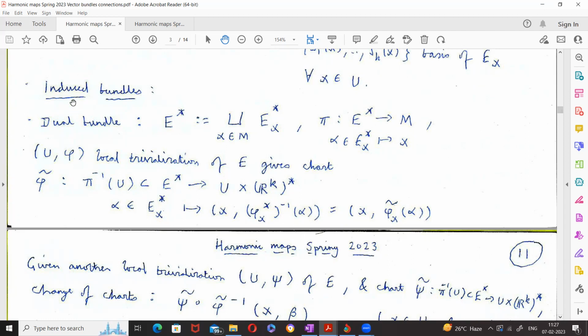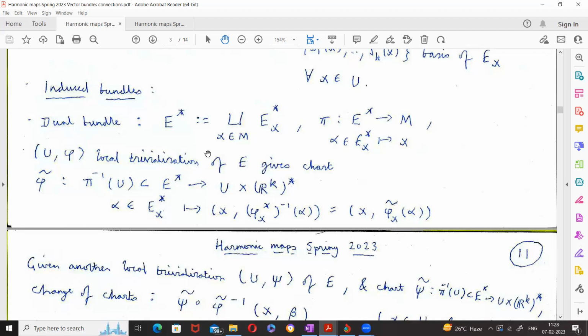For example, out of these induced bundles, the dual bundle, E star, is defined to be the union of the duals E_x star over x in M. Okay. So this comes with a natural projection, which sends the fiber E_x star to x.